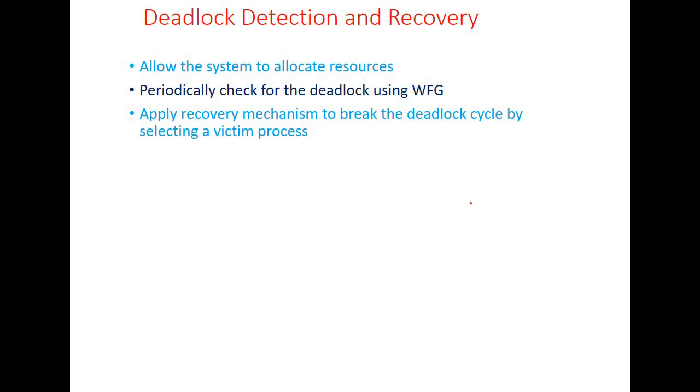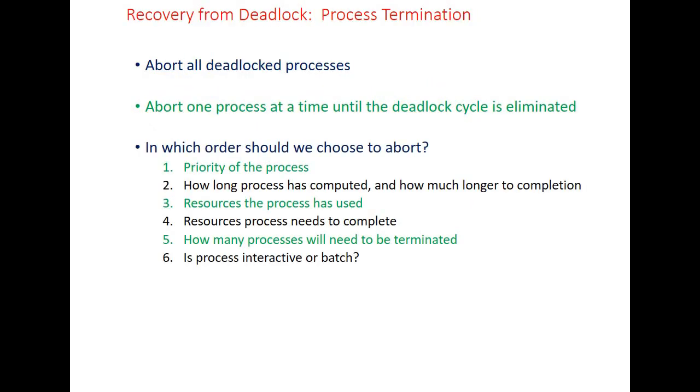After finding whether there is a deadlock in the system or not, we will apply a deadlock recovery technique. So allow the system to allocate the resources, periodically check for deadlock using a wait-for graph, and apply a recovery mechanism to break the deadlock cycle by selecting a victim process. How do you select a victim process?